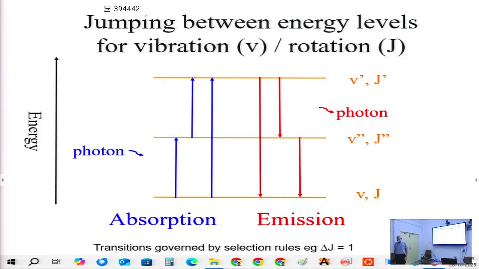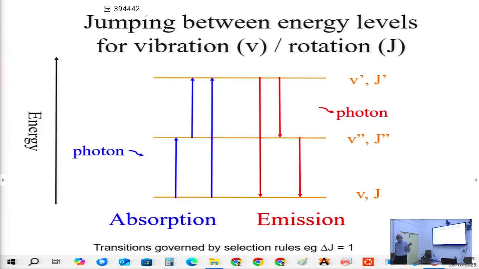So in addition to the fact you can move between these energy levels, you also get things called selection rules. So you can't go from any energy level to any energy level. It's given by the rules of quantum mechanics, and a lot of what we're going to spend our time on over the next week is studying these. The most common selection rule is that J, the total angular momentum quantum number, varies by 1.